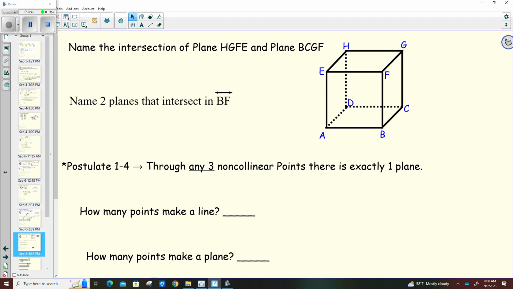Try and see if somebody else has got it, and if they don't, see if you can work together to get it. You're finding the intersection of those two planes.